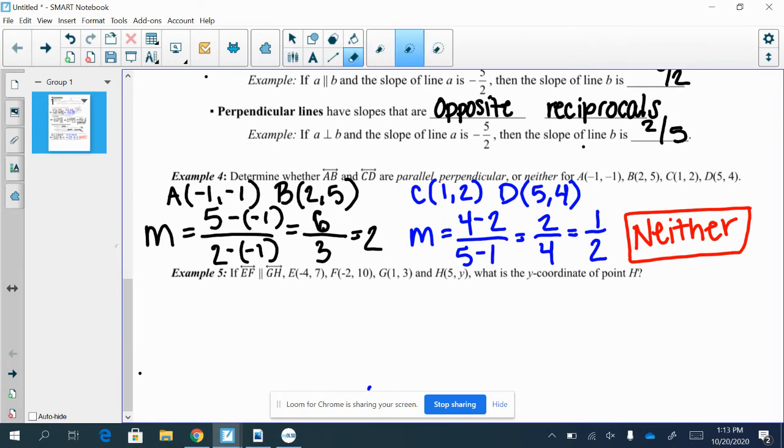All right, this last example. If EF is parallel to line GH, what is the coordinate point of H?